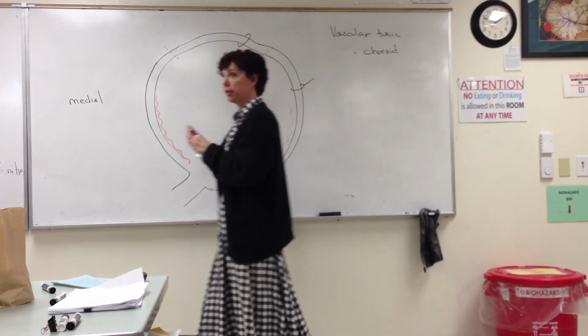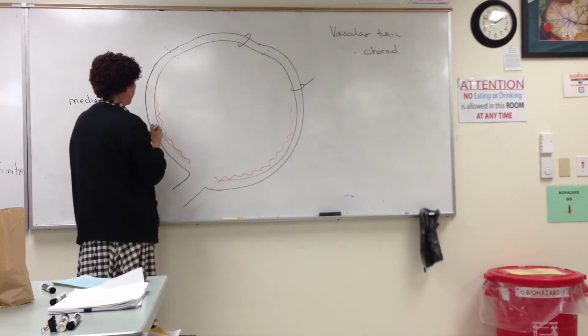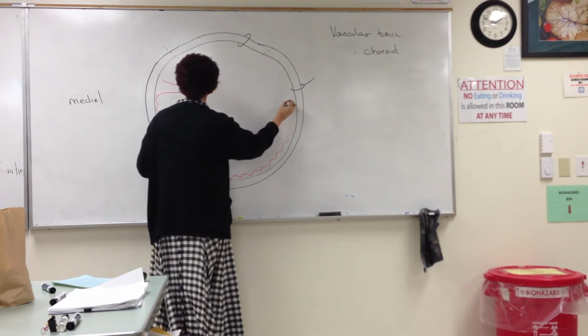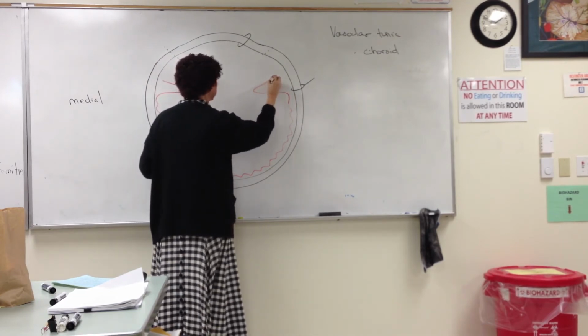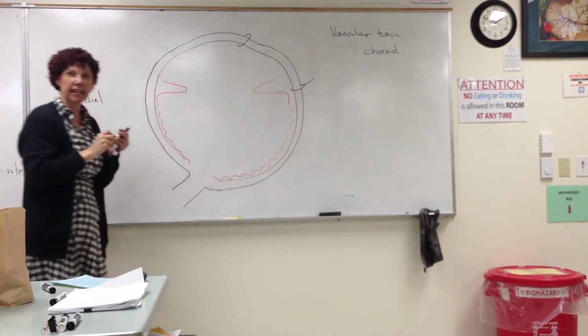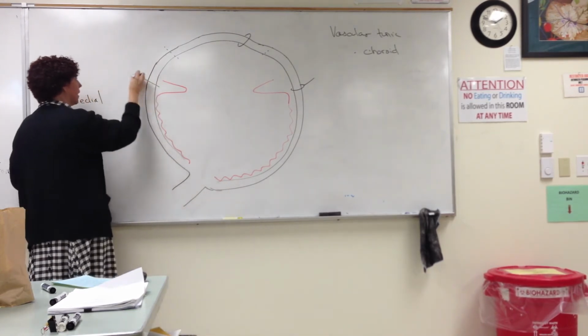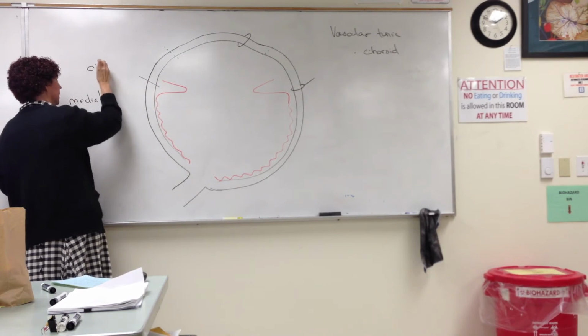And then about 2/3, 3/4 of the way up the eyeball, this expands into smooth muscle, which is the ciliary muscle. And we talked about that being innervated by the ocular motor nerve. And we'll look at its function on Thursday again.